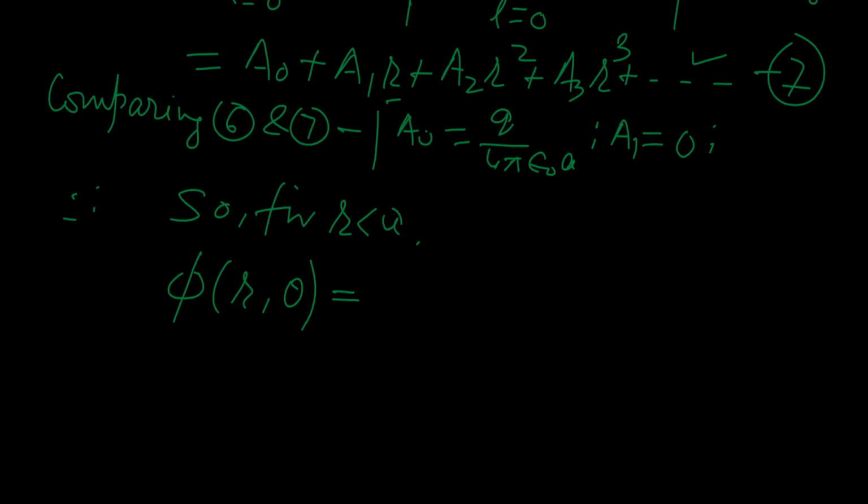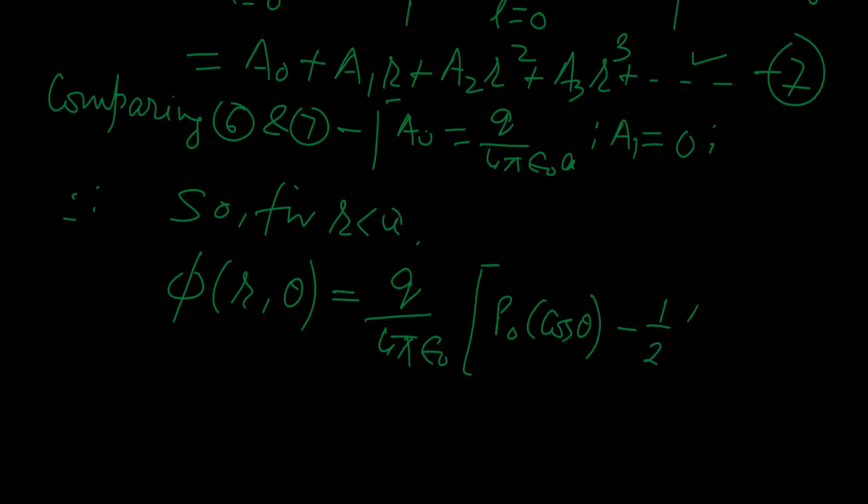This will be Q over 4 pi epsilon naught into P0 of cos theta minus 1 over 2 r square over a square into P2 of cos theta and so on.